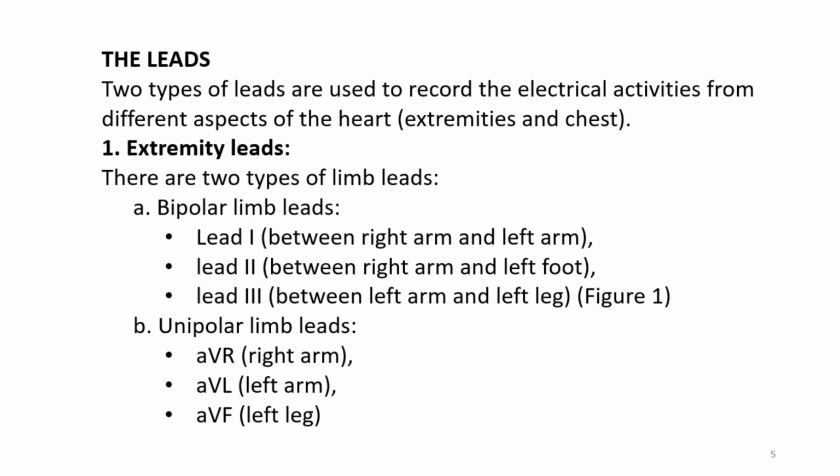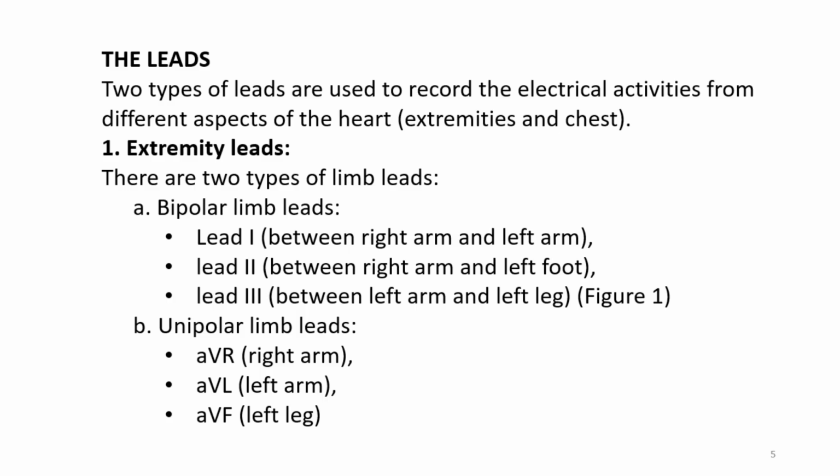First, bipolar limb leads. Lead 1 between right arm and left arm, where the left arm is positive. Lead 2 between right arm and left leg, where the left leg is the positive electrode. And lead 3 between left arm and left leg, and the left leg has the positive electrode connected.